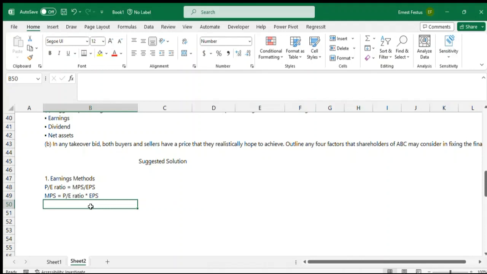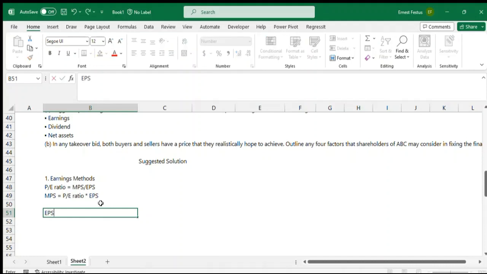Now we are going to look at each of these components and see how we will go about it. The first component, which is quite easy to find, is the EPS. So what is our EPS?